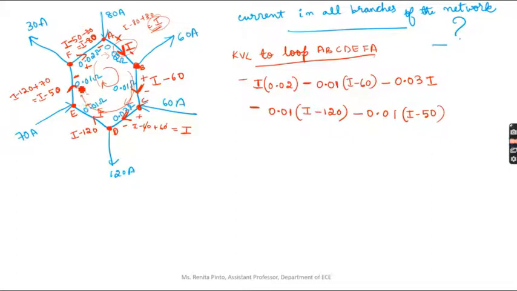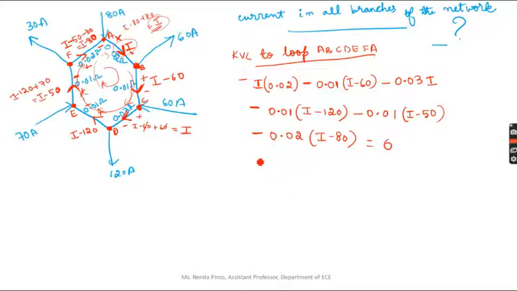Again from here I will go like this. Again I am entering positive, so it will be minus. Resistor is 0.02, current in the branch is I minus 80. Until here all this is done, equal to 0.